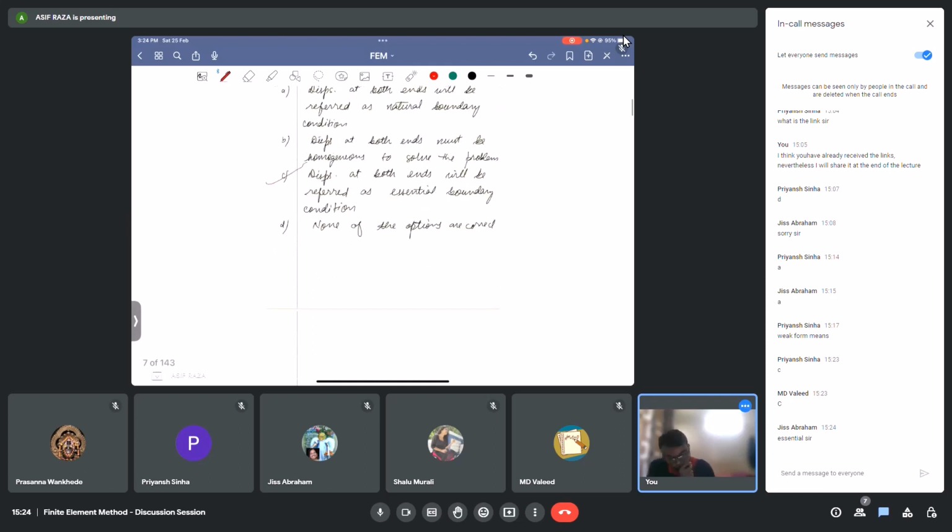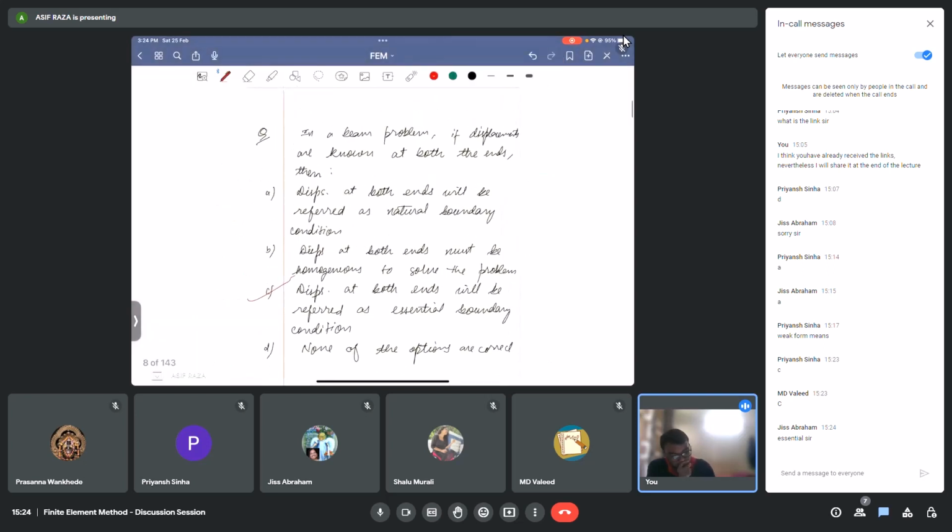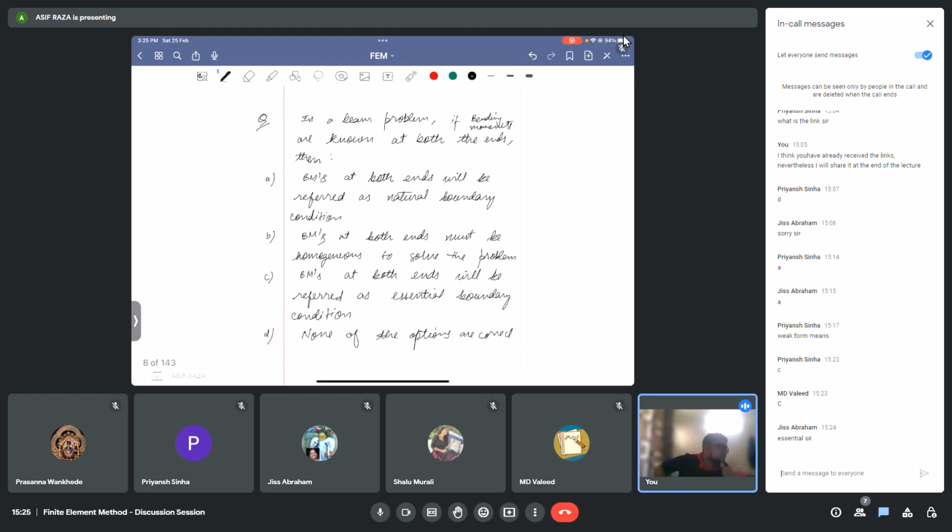So in a beam problem, if instead of displacements, bending moments at both ends are known, then what will be the answer now?